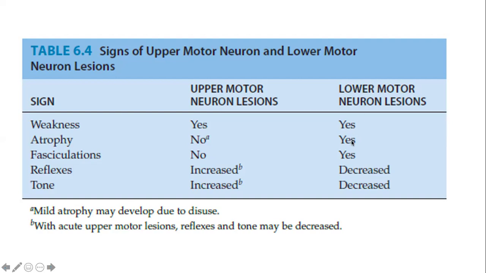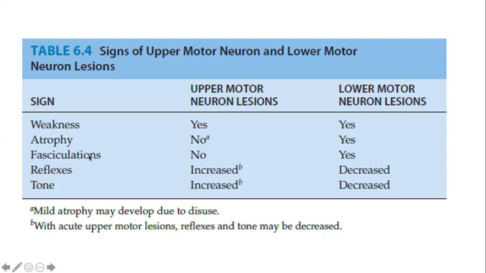And we mean atrophy early on. With upper motor neurons, sometimes you have atrophy if there's long-standing weakness and paralysis and the patient is not using the muscle, then we'll have an atrophy that's called disuse atrophy, which is atrophy because they are not using the muscle. But in lower motor neuron, you will see atrophy from the beginning.